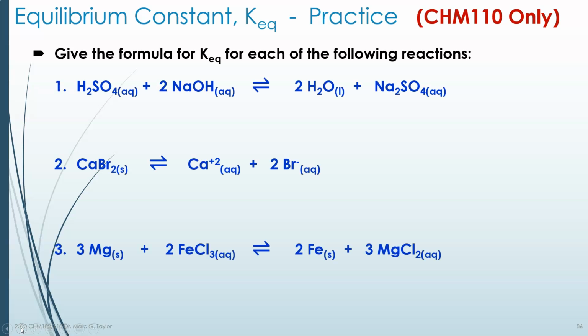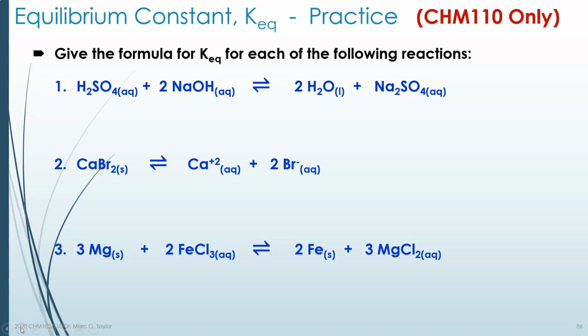So let's look at some example problems. We have 3 here, and you'll notice they're all different types of reactions. The first one is an acid-base neutralization. We're adding sulfuric acid plus sodium hydroxide. The second reaction involves dissolving calcium bromide in water.